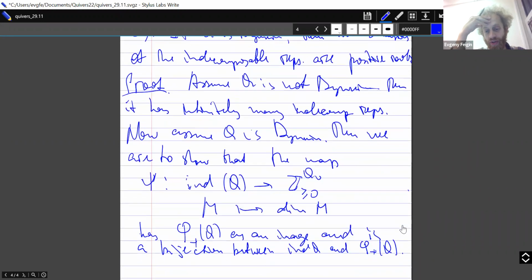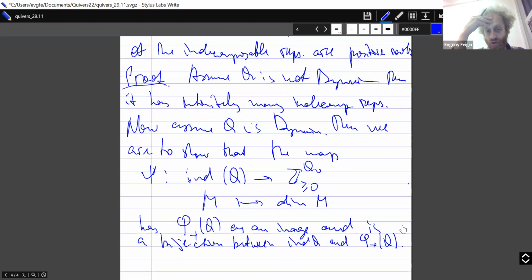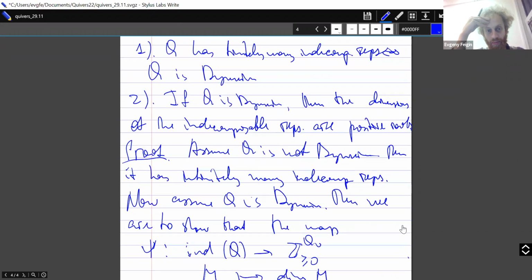Assume that we are able to show that the image of psi is exactly the set of roots, and that this is a bijection between the set of indecomposable representations and the set of roots. Why would this imply part 1?